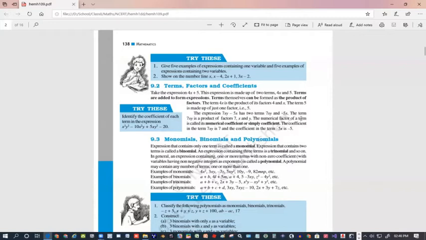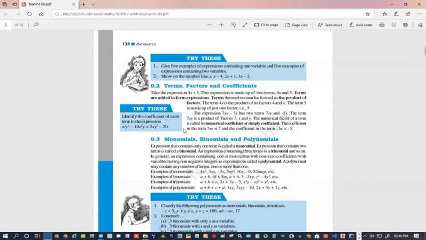The numerical factor of a term is called its numerical coefficient or simply coefficient. So 7x is the coefficient of y. Or if you say only numerical coefficient, 7 is the numerical coefficient of xy.